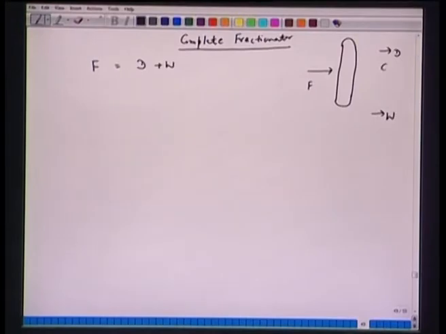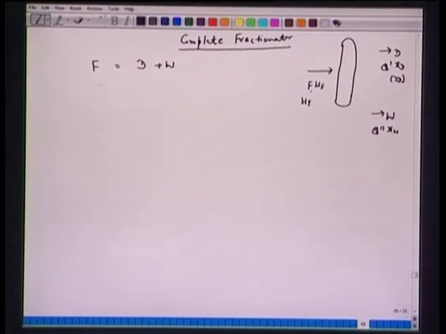So, we have Q dash and Q double prime. This Q dash includes QC and Q double dash includes your QB, except one is negative, one is positive, one is a boiler, one is a condenser, and here we have F and HF. We have XW, we have XD, or we can have YD also, depending upon whether it is a partial condenser, where the product is vapor, or a total condenser, and here we have this HF.